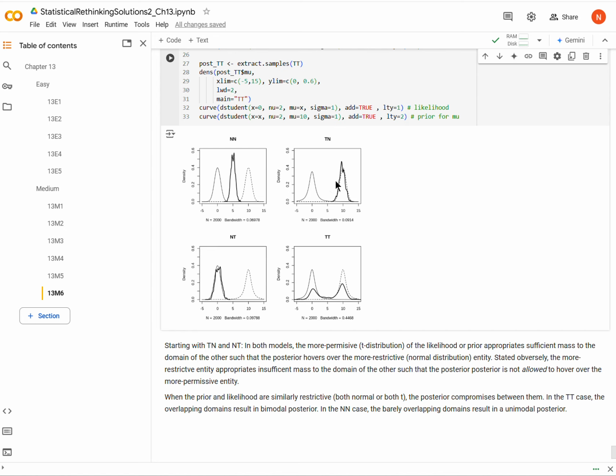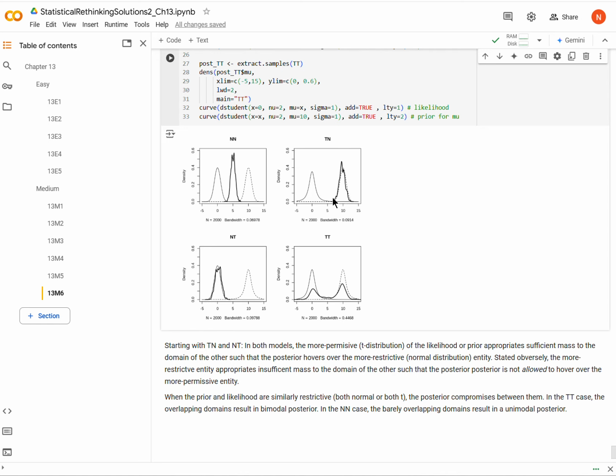Notice that the normal distribution, which in this case is the prior, is less permissive, or more restrictive over possible values. That is the difference between a t distribution and a normal distribution: the t distribution spreads its probability mass over a wider area.